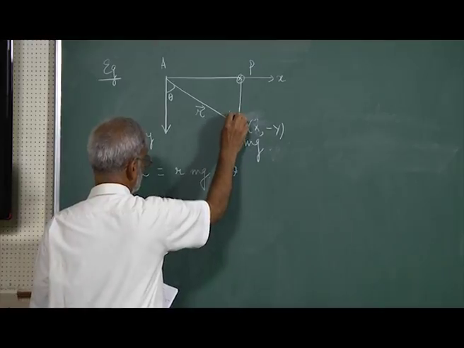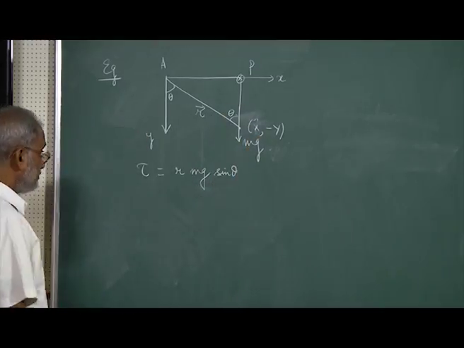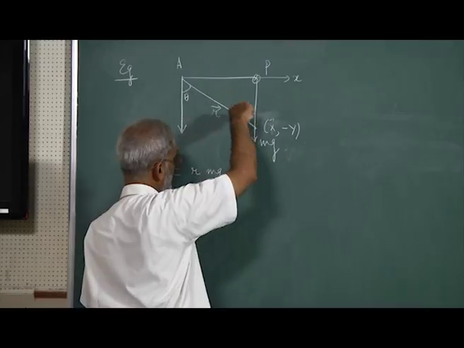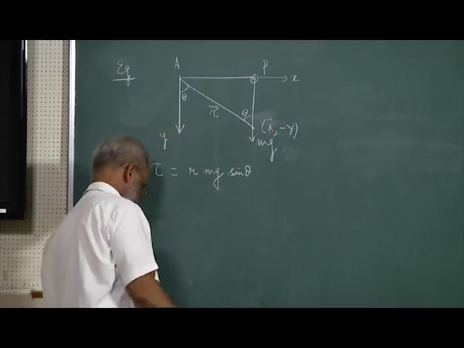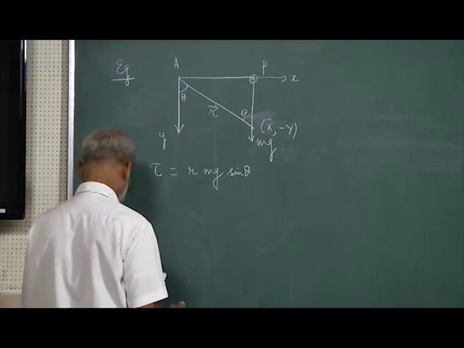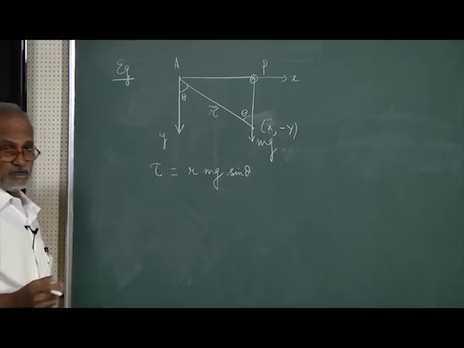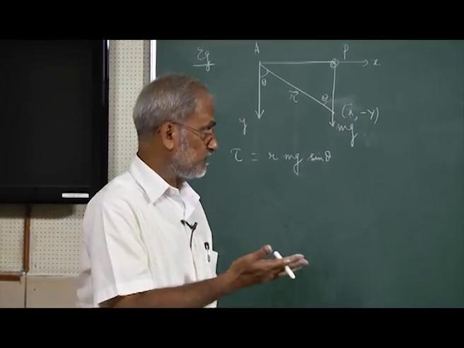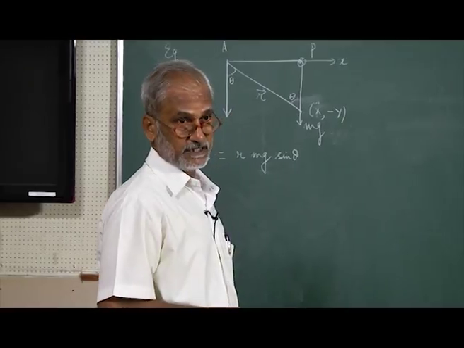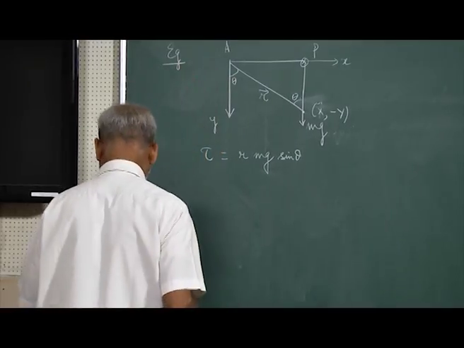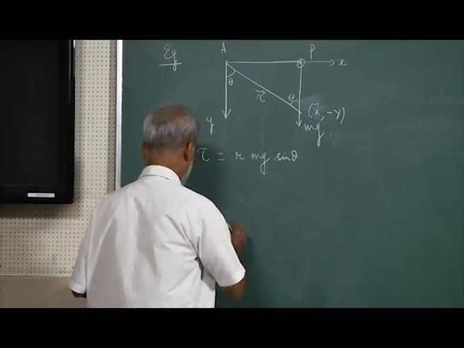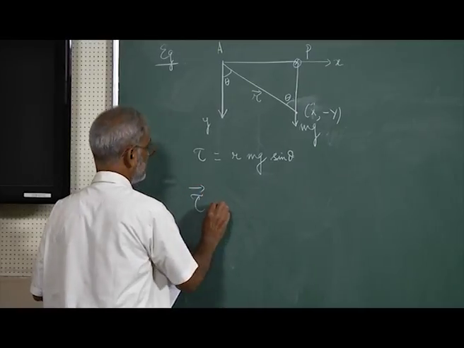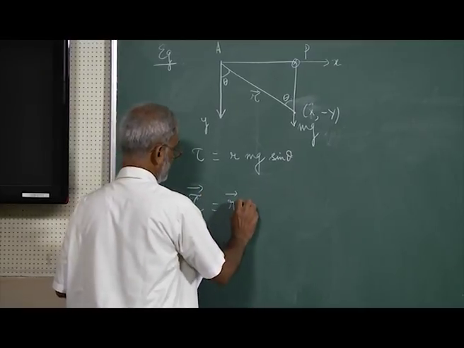Remember we always take the small angle whenever we take the cross product, this is the theta. Now you may ask me, sir, why don't we make use of this definition of the cross product? We will do it, and when we do that, what will happen? Tau is equal to r cross F.